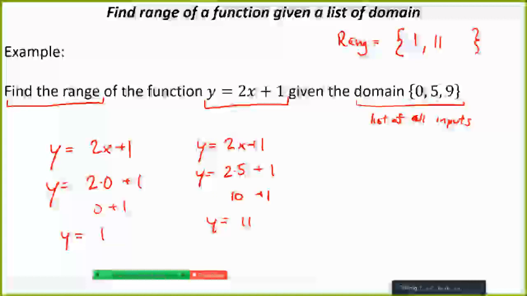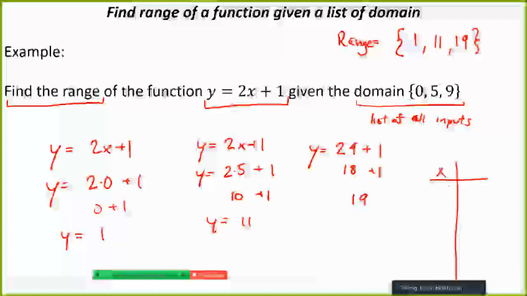And then we do it again, plugging in 9. 2 times 9 is 18, plus 1 is 19. So the range that goes with that given domain is 1, 11, 19. If this was in table form, it would look like this.